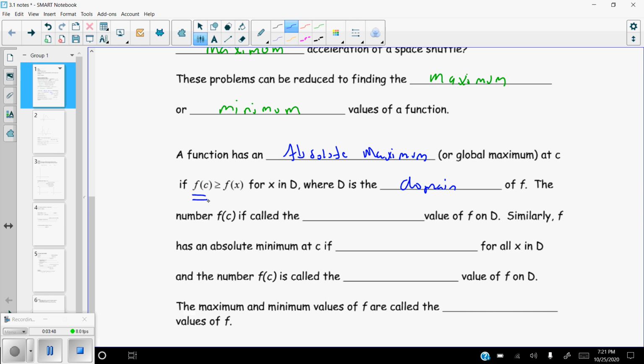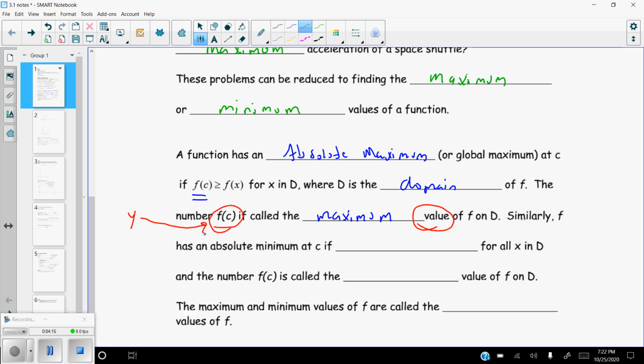The number f of C is called the maximum value of f on D. Okay, so this is important because when they ask for a maximum value, you are looking for f of C, which is a y value.